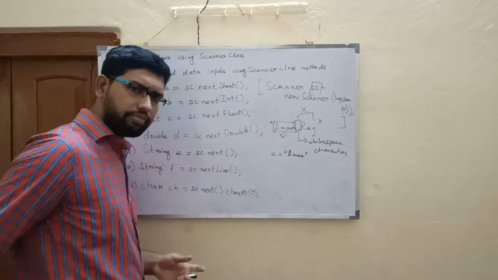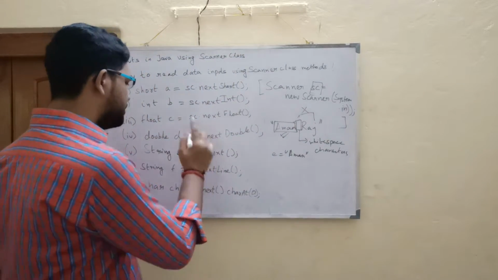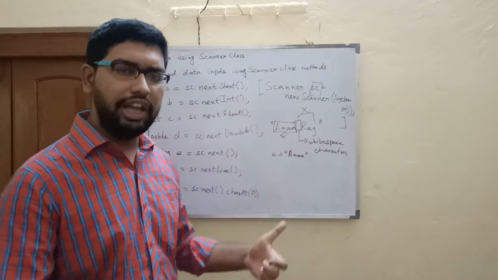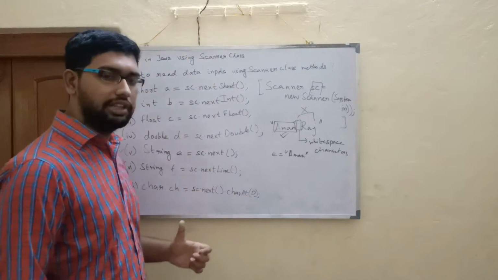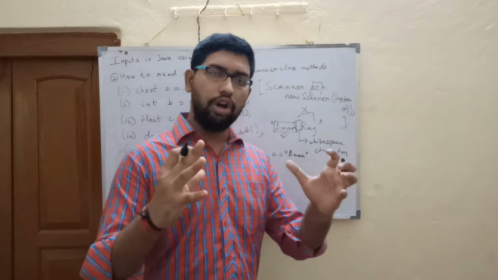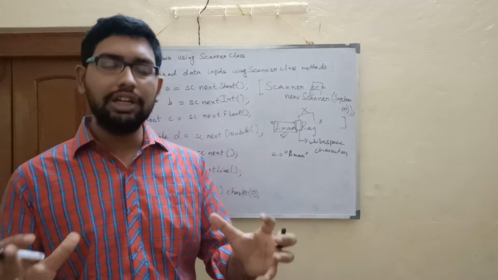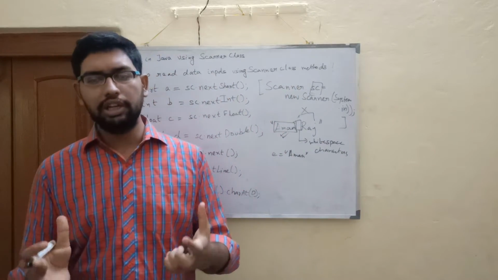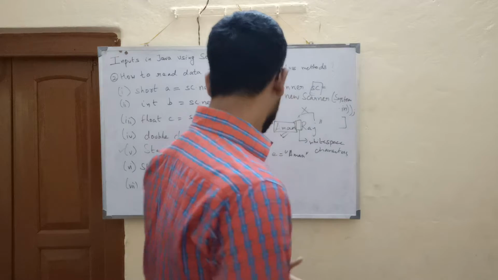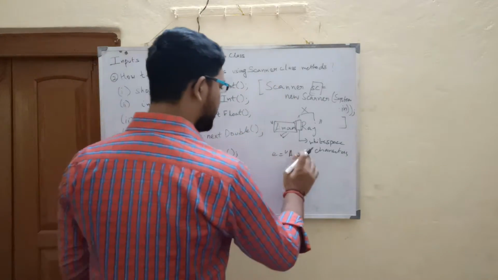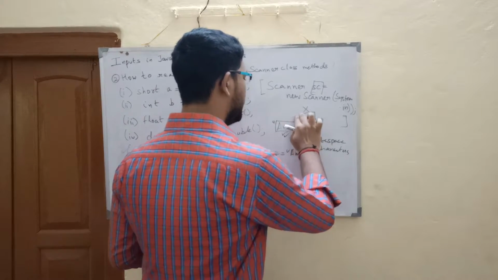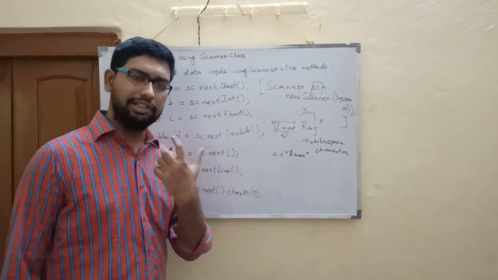Next one is String f = sc.nextLine. sc.nextLine is a bit different from sc.next. It accepts all the delimiters in between a string. So the space between the name Aman Raj will be accepted as part of the string input.